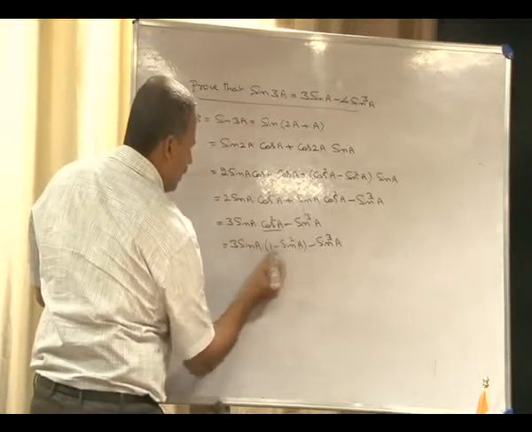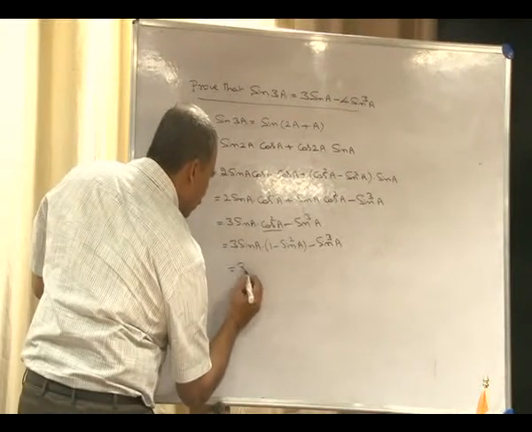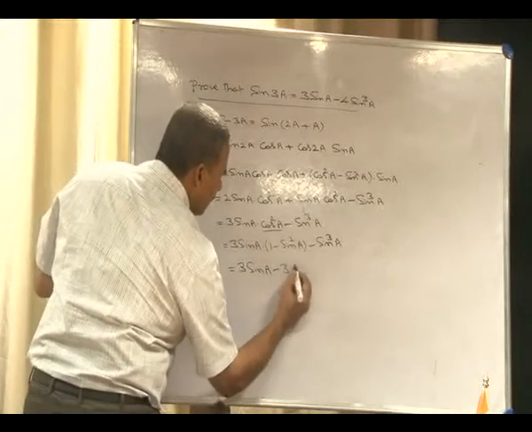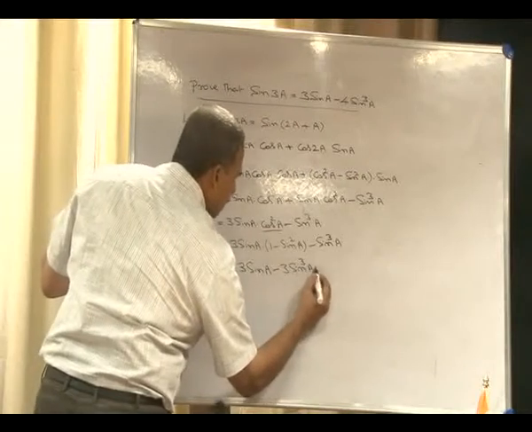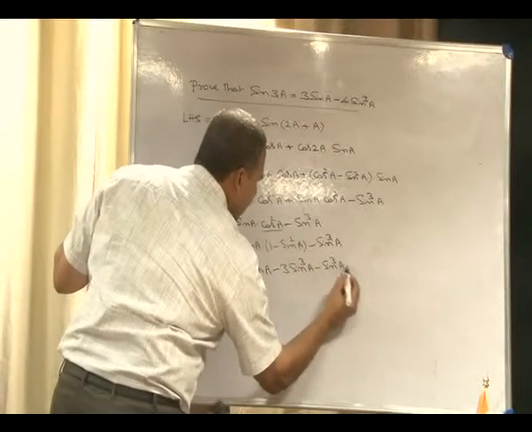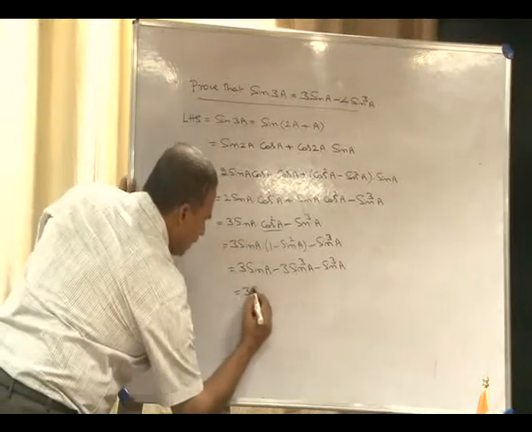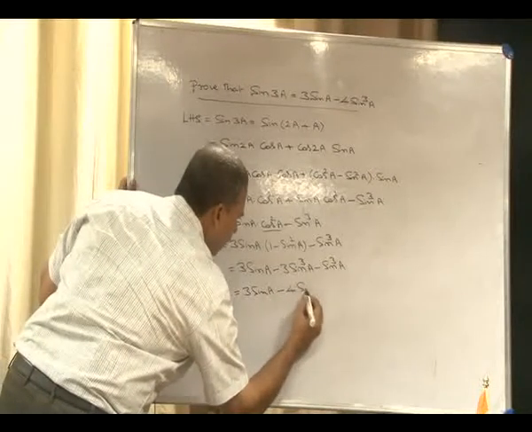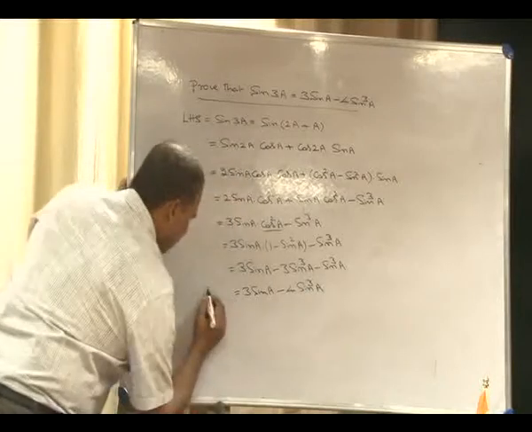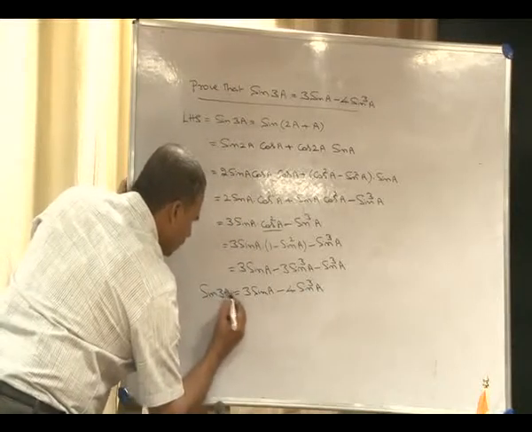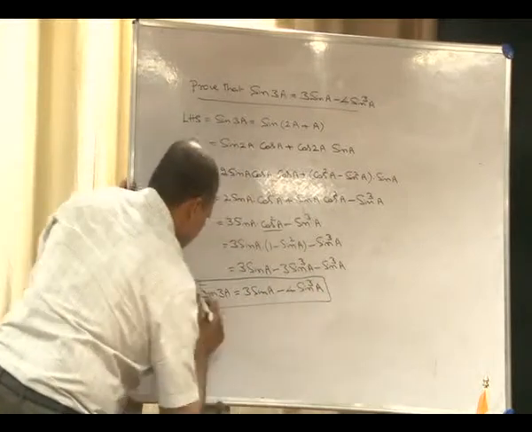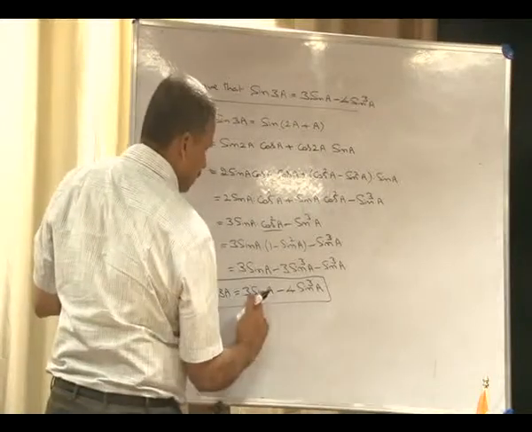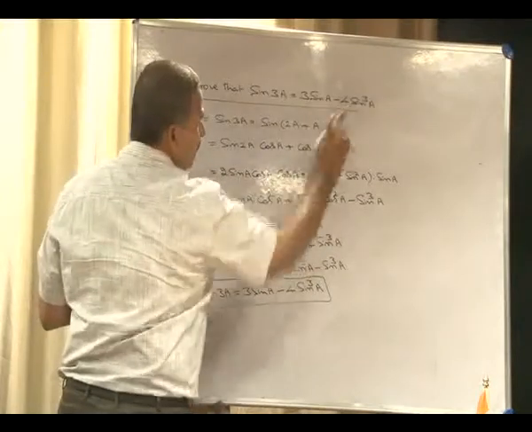Now multiply these two terms by 3 sin A. 3 sin A into 1 is 3 sin A. 3 sin A into minus sin square A is minus 3 sin cube A, minus sin cube A. That is equal to 3 sin A minus 3 sin cube A minus sin cube A is minus 4 sin cube A. That is sin 3A equal to 3 sin A minus 4 sin cube A, which is the right hand side.